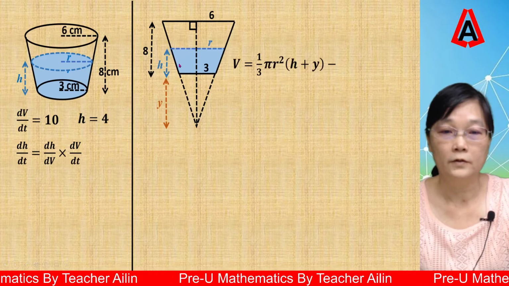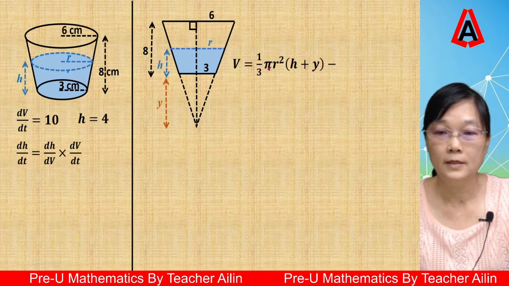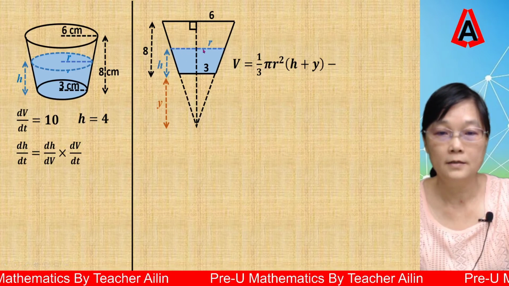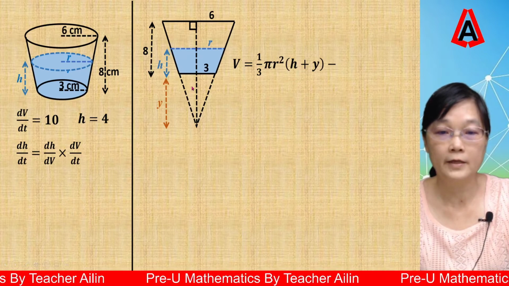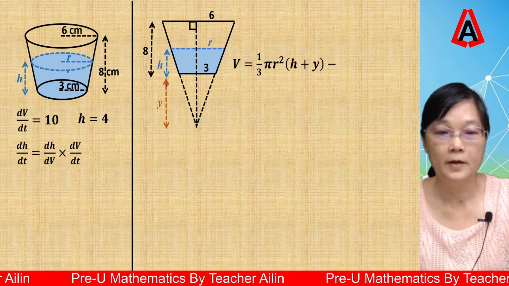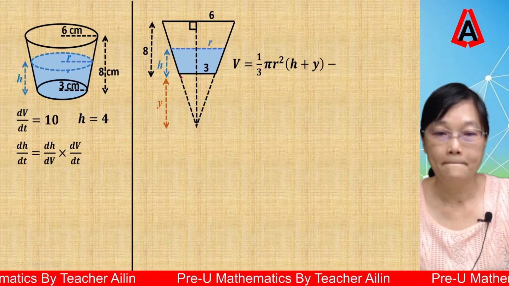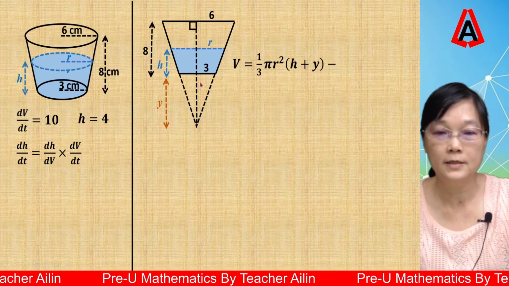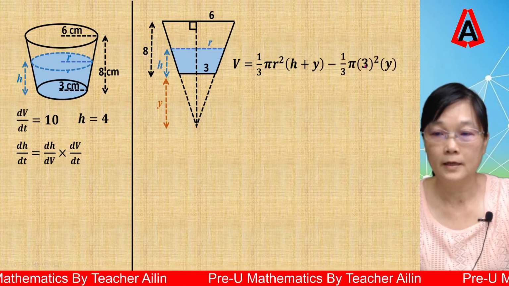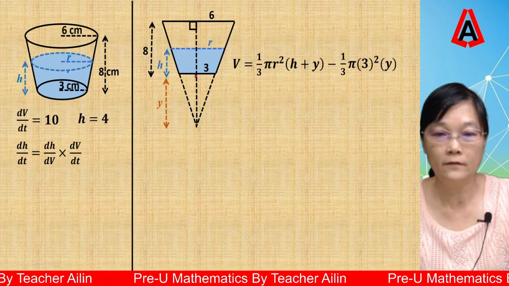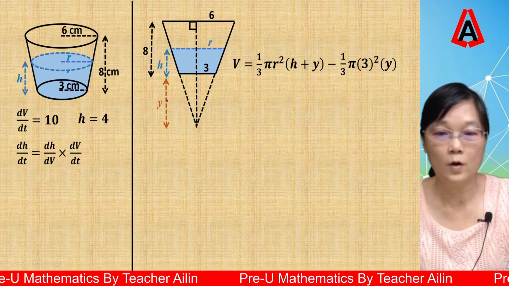So the volume of the water is equal to 1 over 3 times pi times R squared, where R is the radius of the water surface, times the height of this triangle, which is h plus y. This is the bigger triangle, minus the smaller triangle, that is 1 over 3 times pi times r squared, where r is the radius of this smaller triangle, times height y.